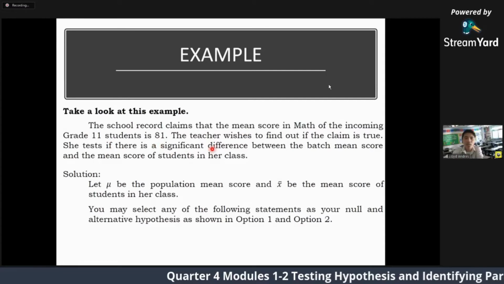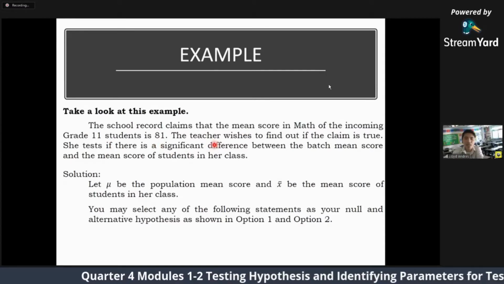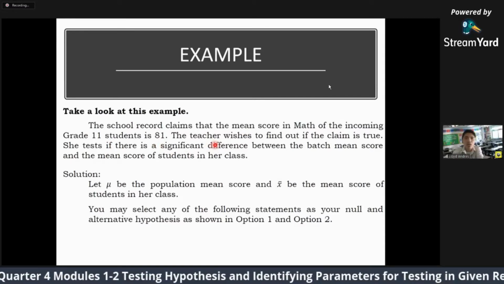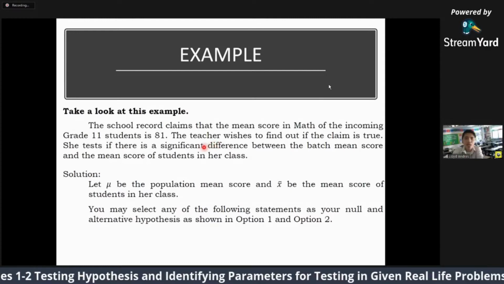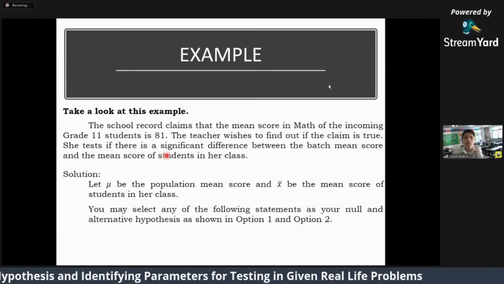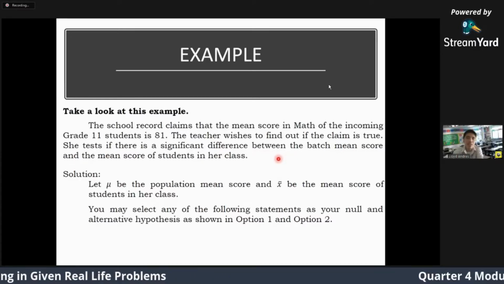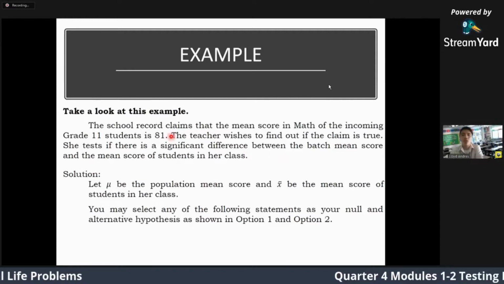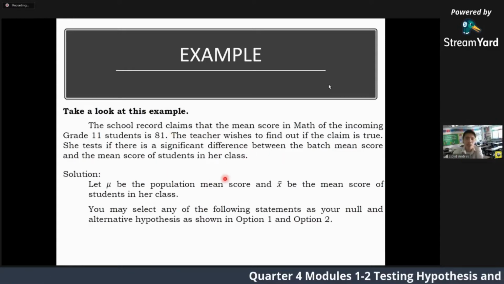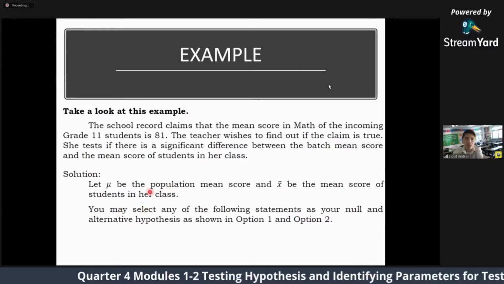Tapos na isa ka teacher, let's say sa advisor lang, isa lang ka teacher, sa isa ka section lang, ang iya is gusto niya i-test na ay significant difference sa kanang average sa iyang mga estudyante. Posible mas dako pa og to 81 or mas baba pa to 81. So ang mu diha is the population mean, ang X bar is the mean of the score sa katong nga section lang.